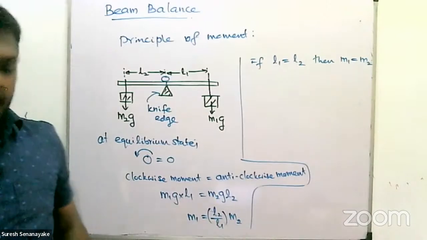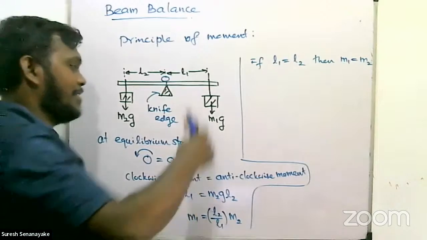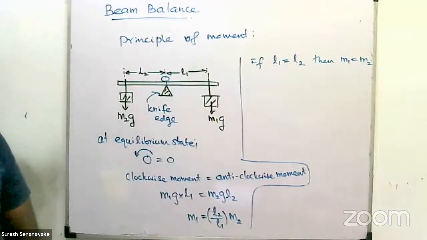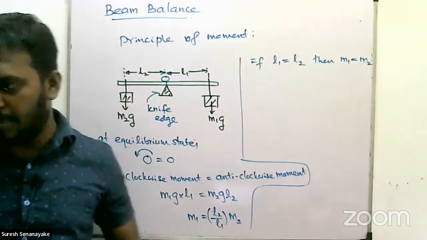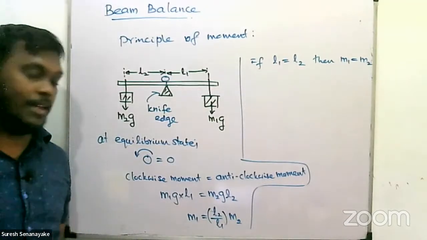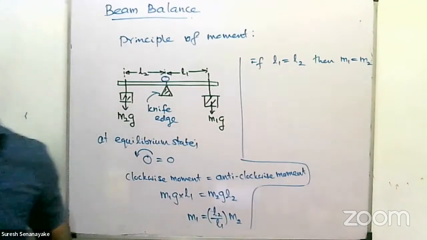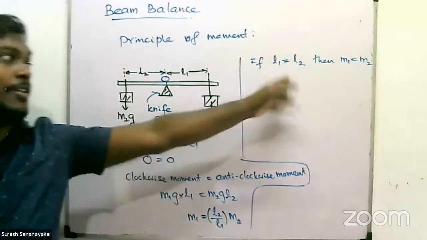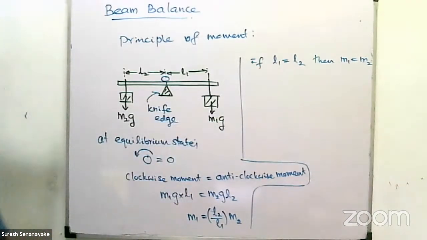You need to have a mass until it equals the other part, to be balanced. In the balance case, we can say there are two masses which are equal to each other. You can write this: if L1 equals L2, then M1 equals M2.